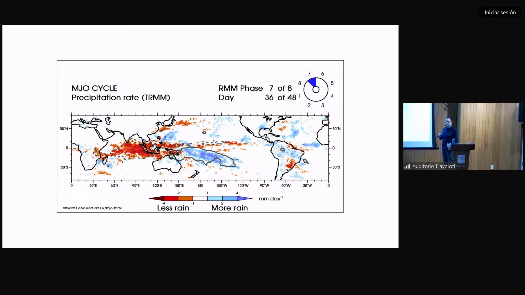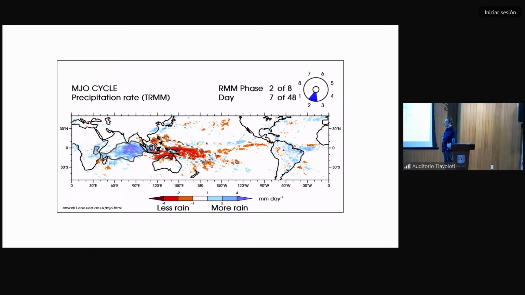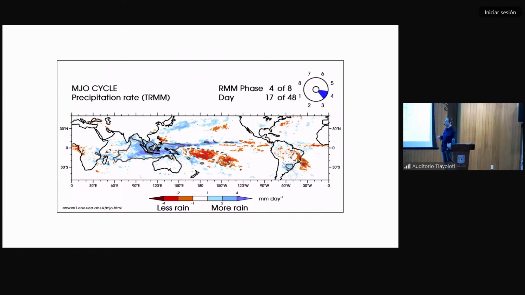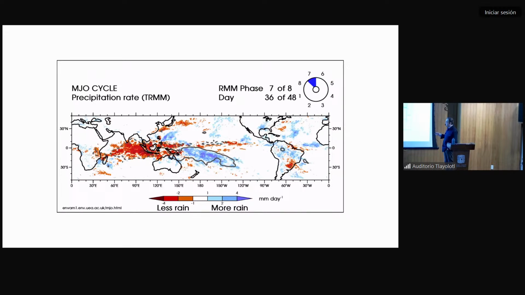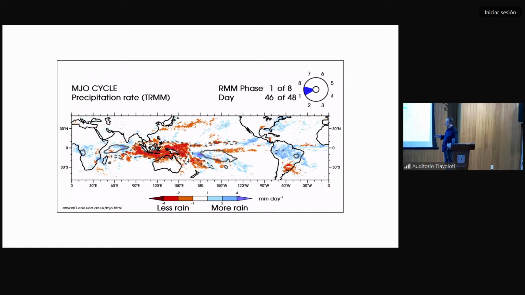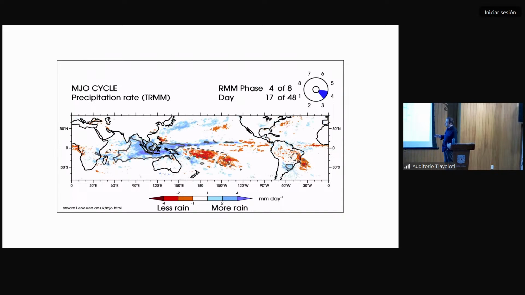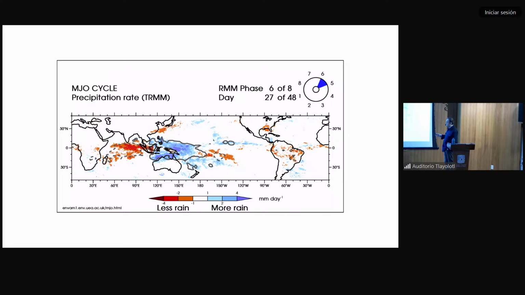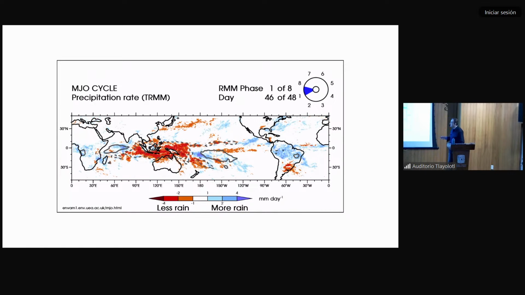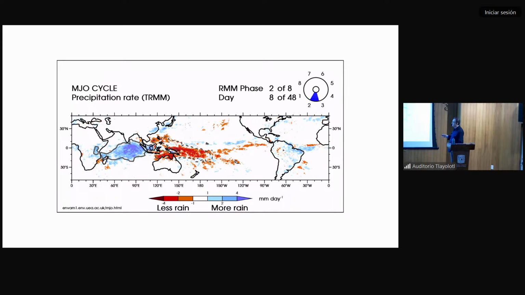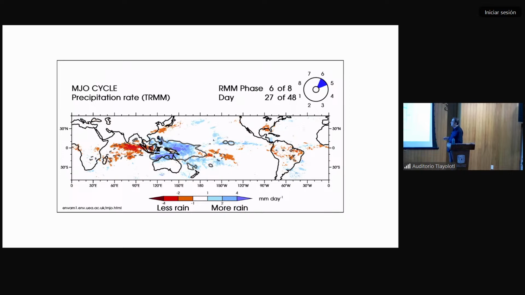So we try to tie our phenomena with what's happening or the location of this oscillation, because it will help us to understand what's going on, for example, here in Mexico. If the main convective center is located here, it will change the atmospheric circulation here in a certain way that is different from when the main convective center is located here in the Pacific Ocean.